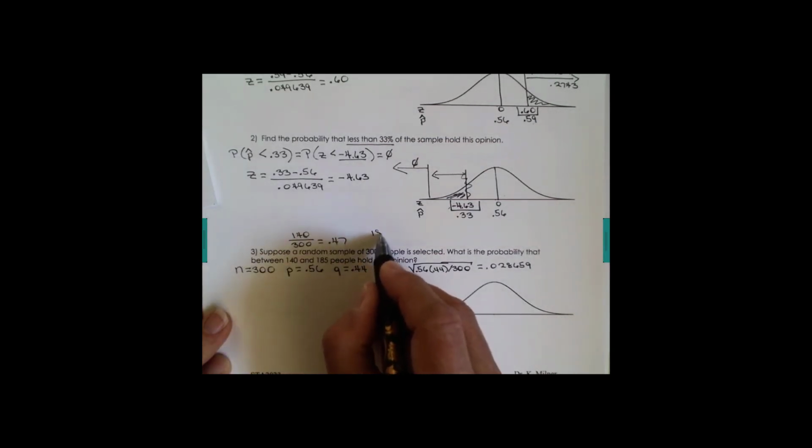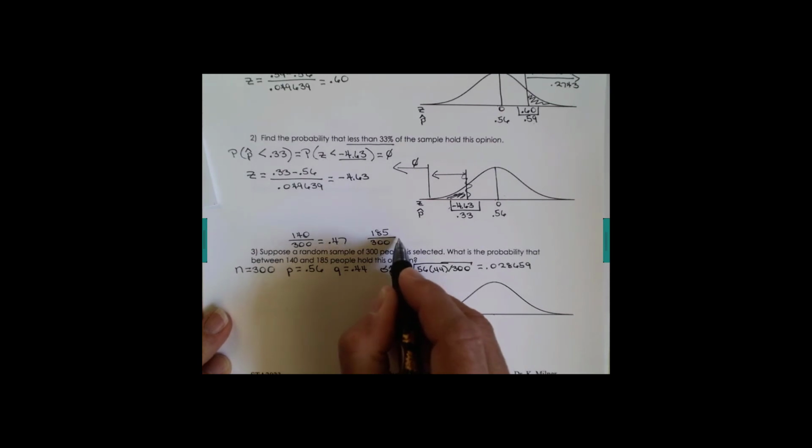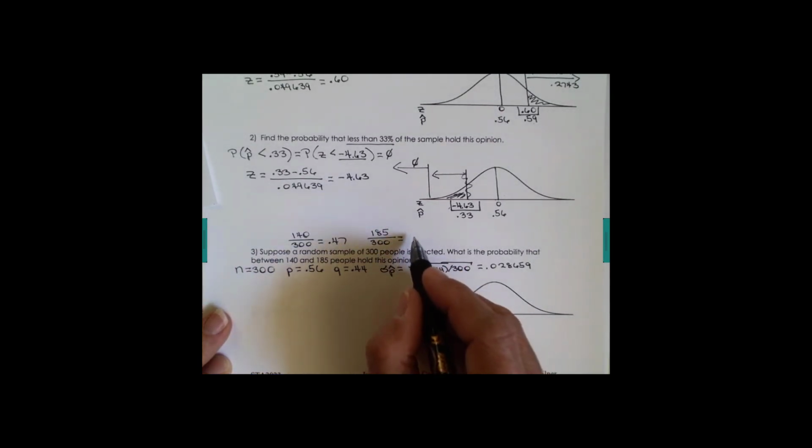So that's the 140. And then I say 185 of the people would be 185 out of the 300, and that would give me 0.62. So here's my statement. I want to know the probability that p hat is between 0.47 and 0.62.